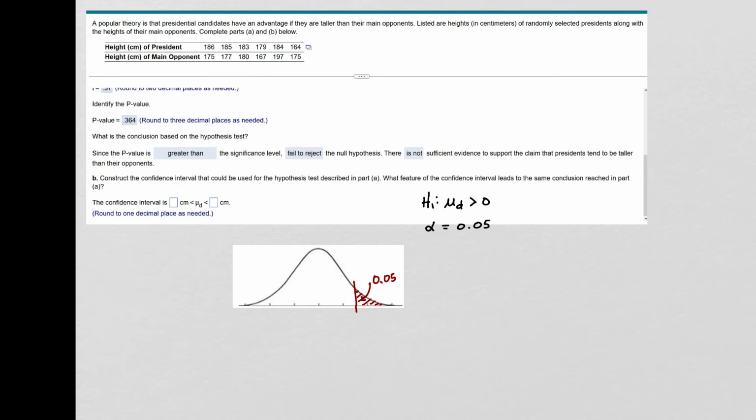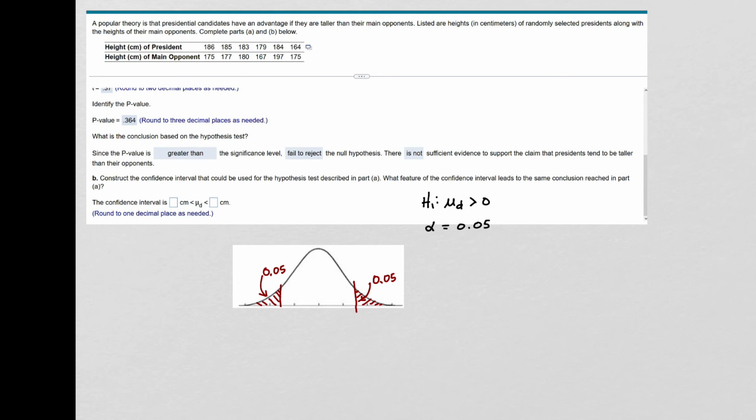And this is a one-tail test. But in order to find a confidence interval that will test this hypothesis, I'm going to make a matching tail on the opposite side. We happen to be in the right tail right now, so we're going to make a matching left-hand tail. So this area is also 0.05.